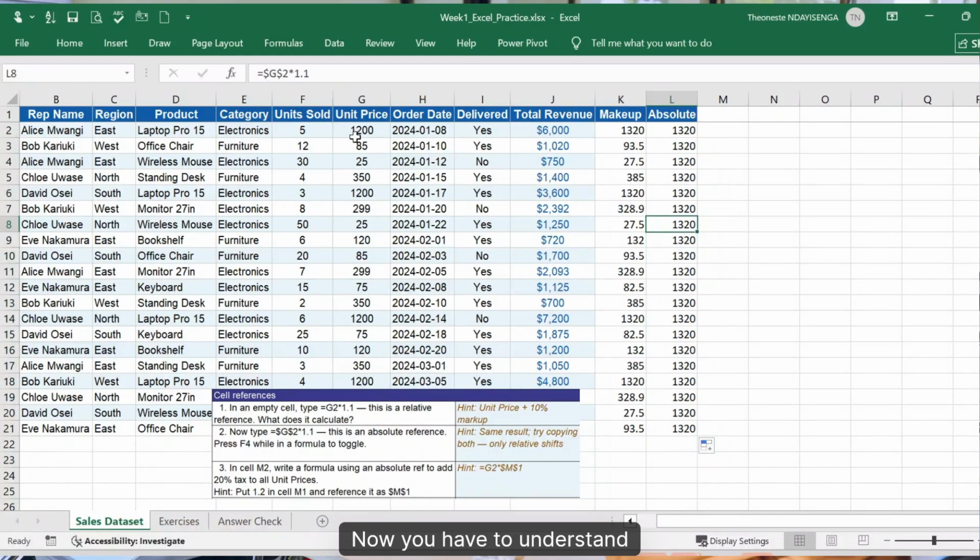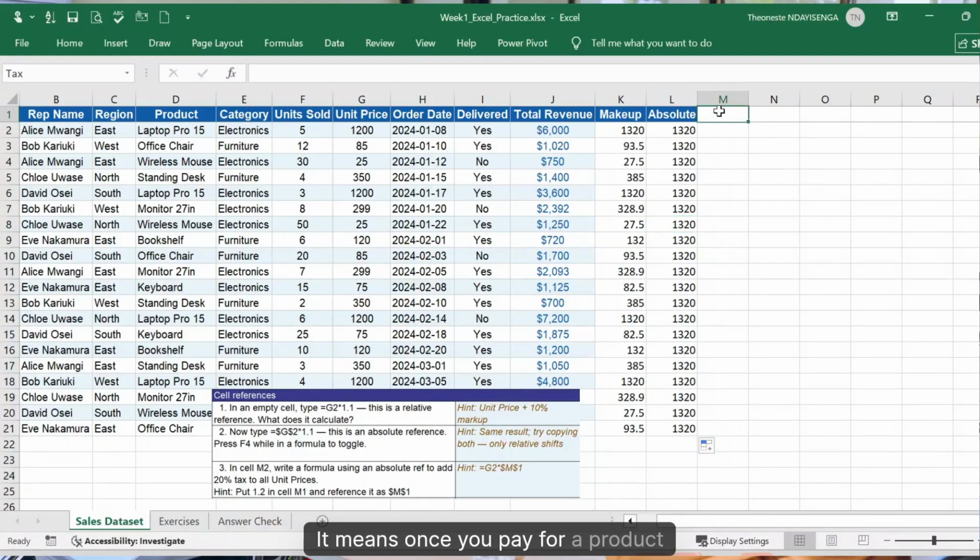Now you have to understand when we need to use it. You can see that when we are looking for the markup here, we are using the number directly in the formula. That formula is fine, however let's use this one to see how we can use it when maybe you want to calculate tax. So now the tax is 20%.